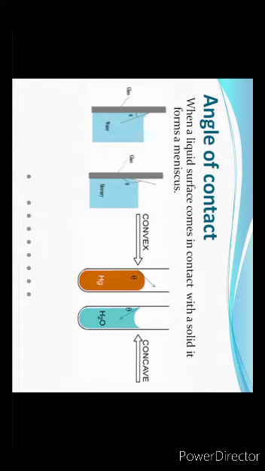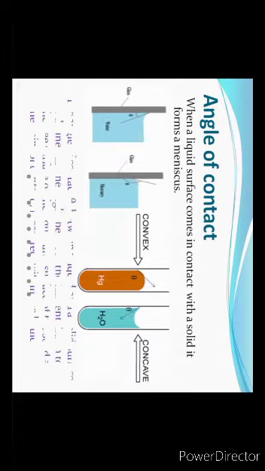See, look at both the diagrams. In both the cases, the angle is measured from within the liquid. From inside the liquid, you are measuring the angle. Understood? So that angle between the solid and the tangent drawn to the free surface of the liquid, measured from within the liquid, is called angle of contact.